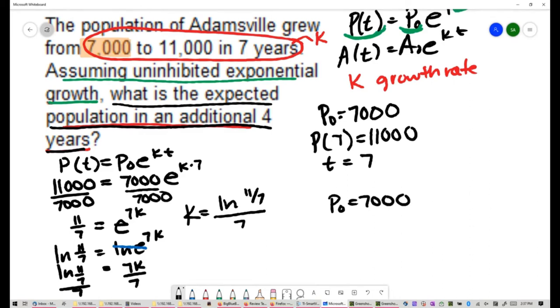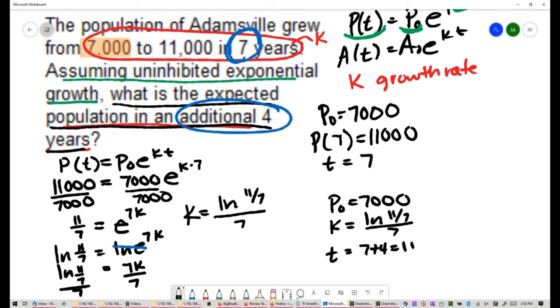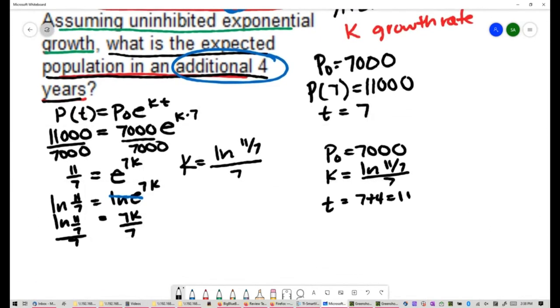And our k, we already figured out, natural log of 11 over 7, over 7. Our time, because I'm starting from the beginning, I need to consider the 7 years and the additional 4 years. So that will be 7 plus 4, which is 11. So this is what I'm going to substitute into my formula.